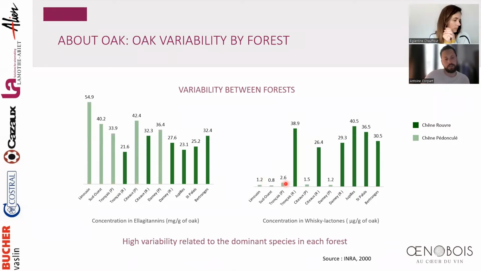So first, we can isolate forests according to the dominant species. For example, if we are looking for more whiskey lactone concentration, the best is to source from Tronçais or Jupilles forest.